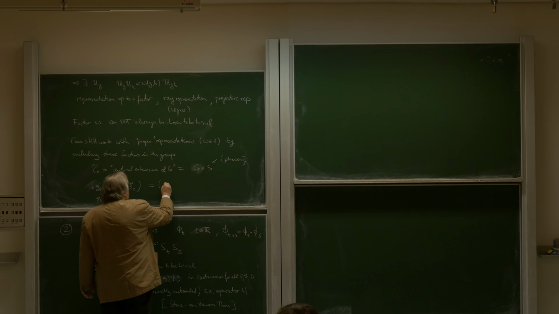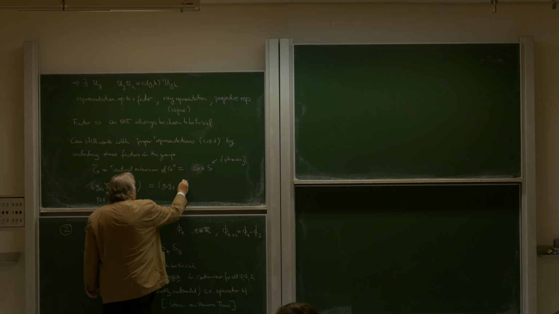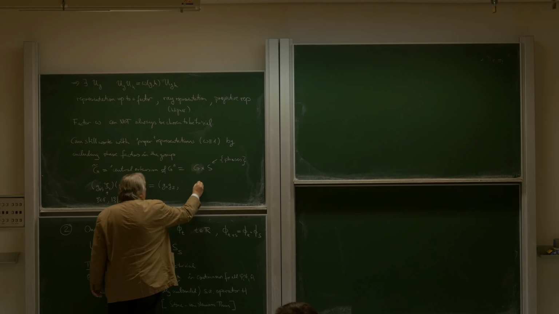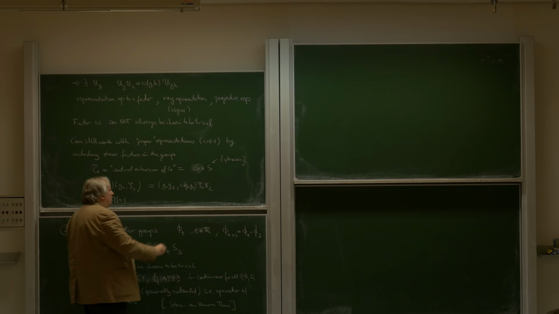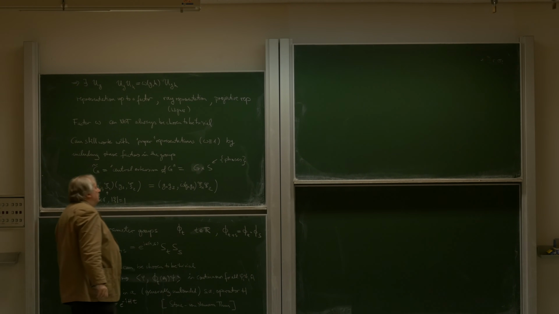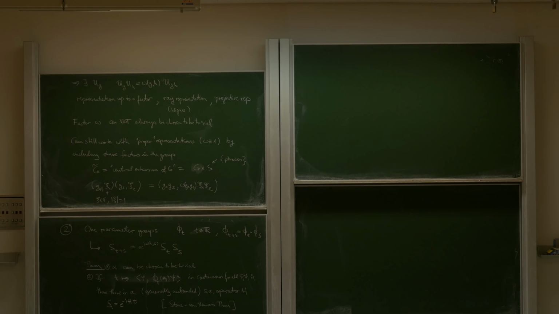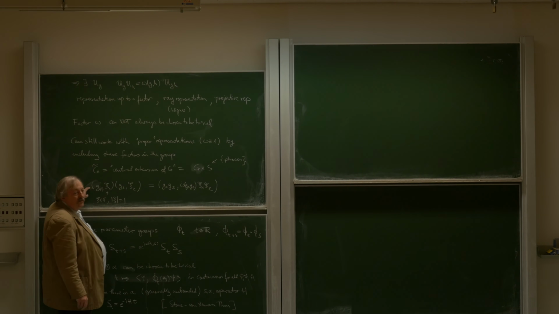This is equal to, well, you just multiply the group elements, you also multiply the phases, but you also put the factor in there. Then you check that the basic conditions tell you that if you have a projective representation, you actually have a representation of this group.